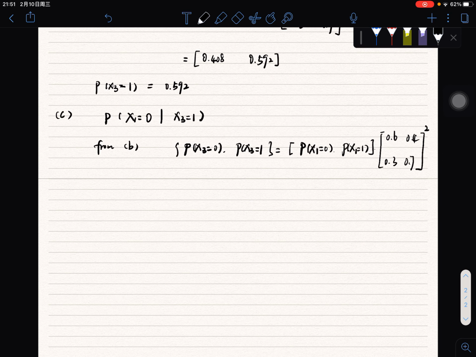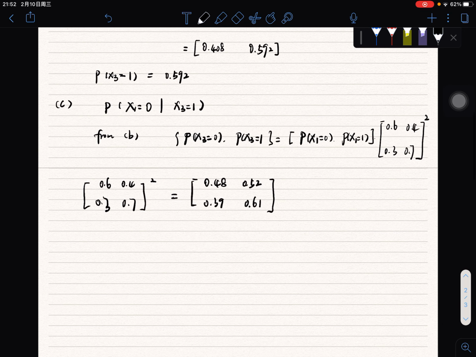And we can calculate the matrix to the power of 2 to be 0.48, 0.52, 0.39, 0.61.